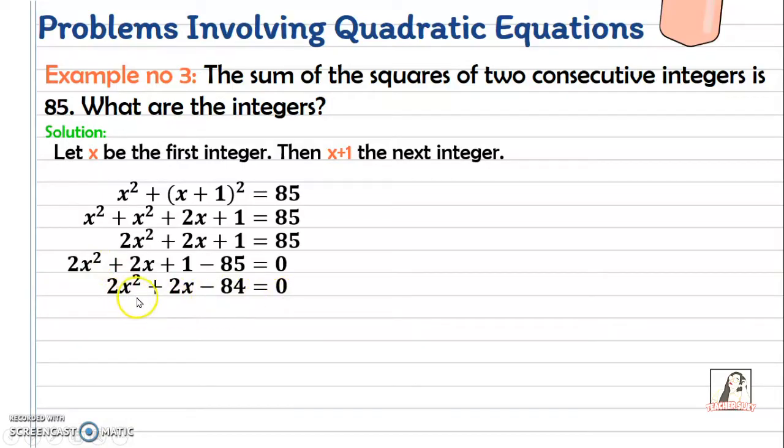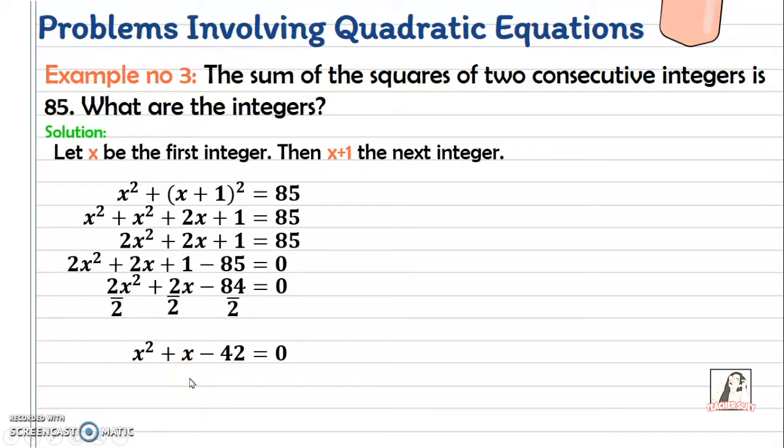Since si quadratic term, si linear term, and si constant term ay divisible by 2, so pwede natin siyang i-divide by 2. So, kapag dinivide natin by 2, ang kada term, we have x squared plus x minus 42 equals 0. Mas madali nating i-factor and mahanap yung mga roots ng ating quadratic equation.